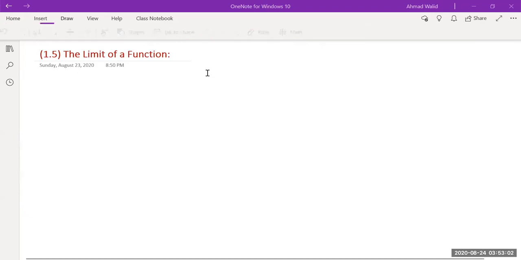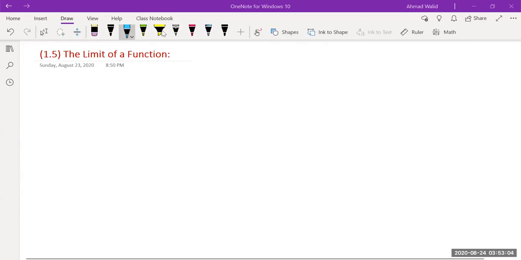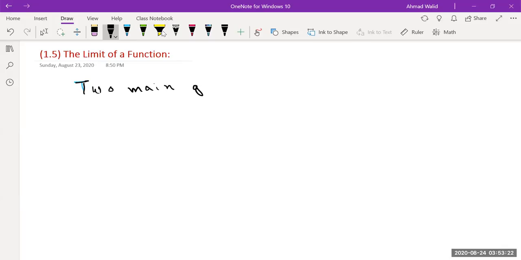Calculus has two main goals, or we can say, why calculus. To answer why calculus, you should know that in calculus we have two main goals, right? What are those goals? Or I can say calculus has two branches, correct?